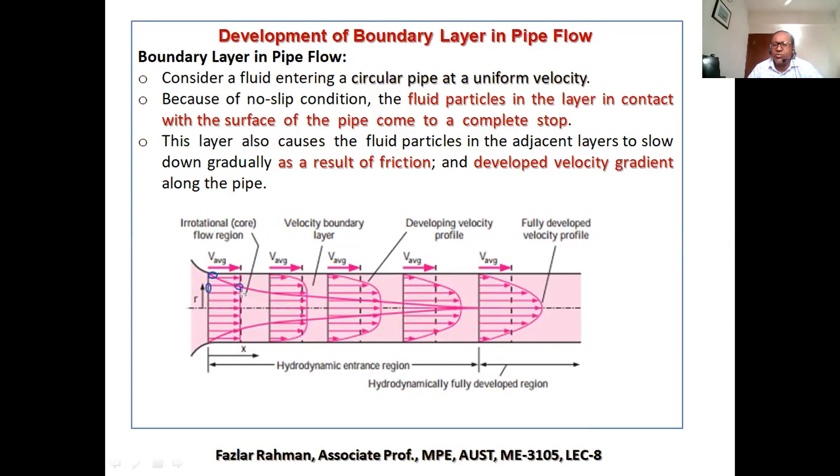We are taking only 2 fluid elements. If you consider this one right over here, this fluid particle travels a little bit faster than the average velocity. Same thing, you take a cross section over here. This fluid particle has velocity 0, but this one travels more than this distance and more than the average velocity.